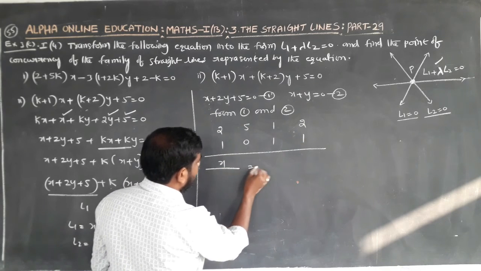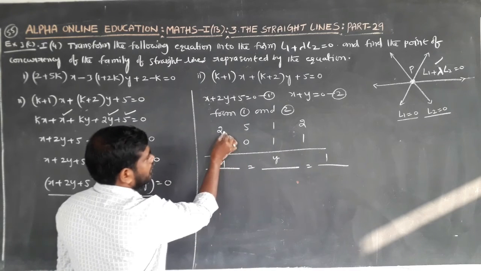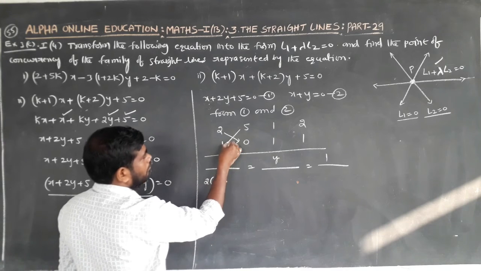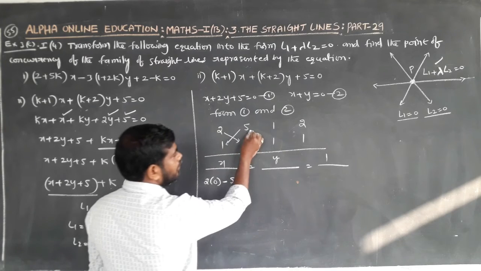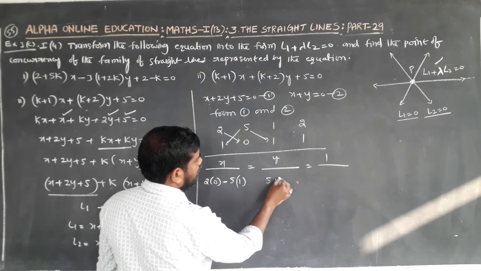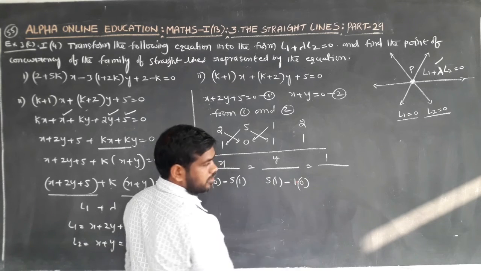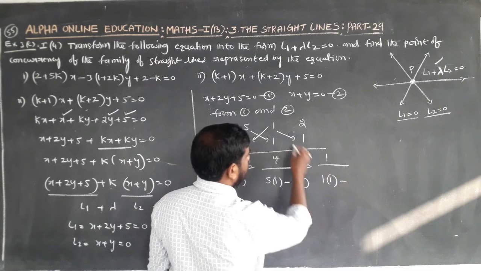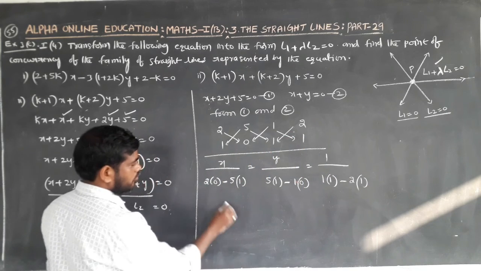X by, y by, 1 by: AD 2 into 0 minus BC 5 into 1. AD 5 into 1 minus BC 1 into 0. AD 1 into 1 minus BC 2 into 1.